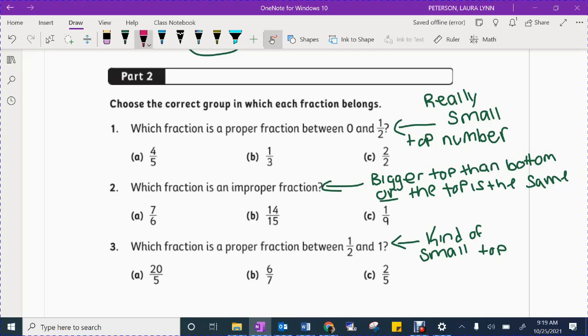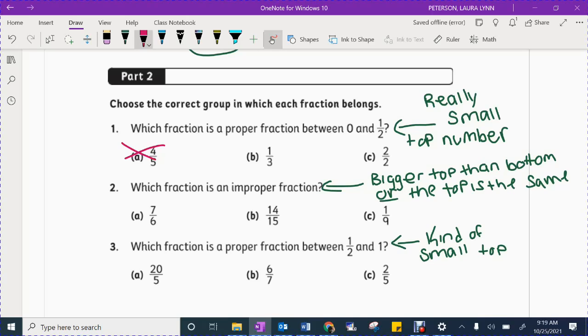So question 1 is asking us to find a fraction that is proper between 0 and 1/2. Well, this means we're looking for a fraction where it has a really small top number compared to the bottom. So if we look at our first answer choice, it's 4/5. 4 is smaller than 5, but it's not really small compared to 5, so I can cross that off.